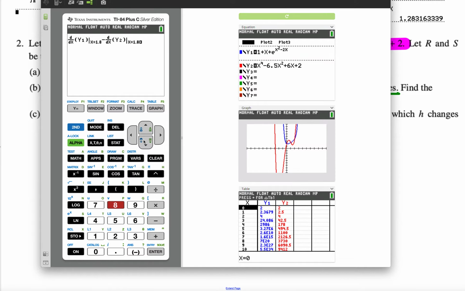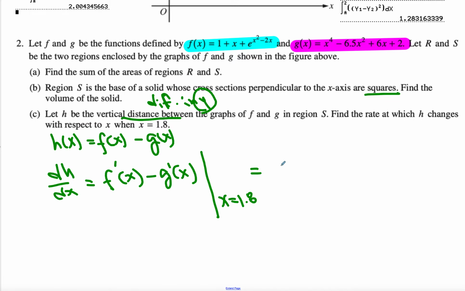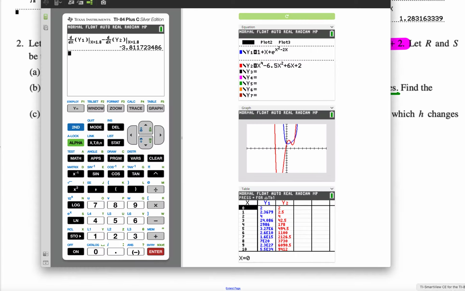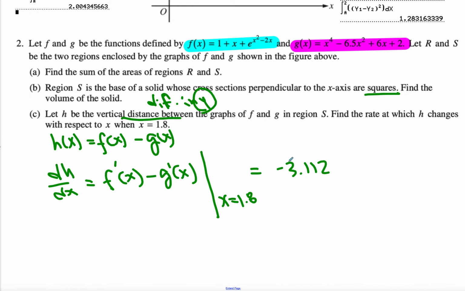Then find the difference between those two, which was equal to negative 0.812. So that's basically our answer.